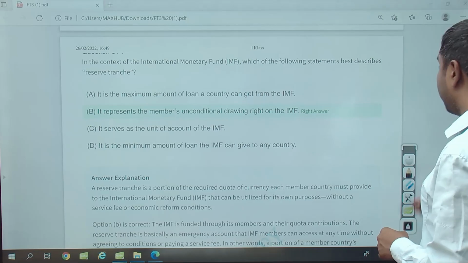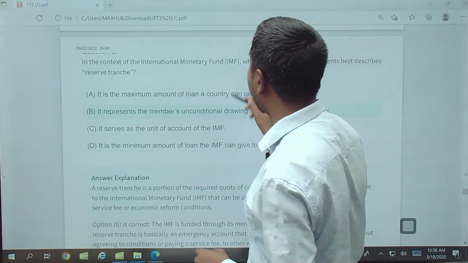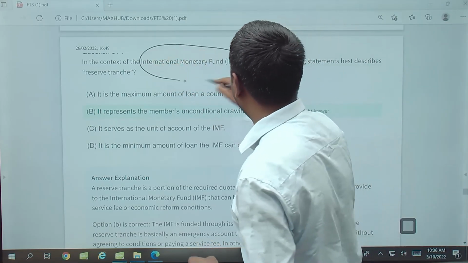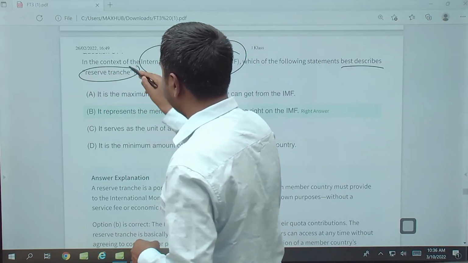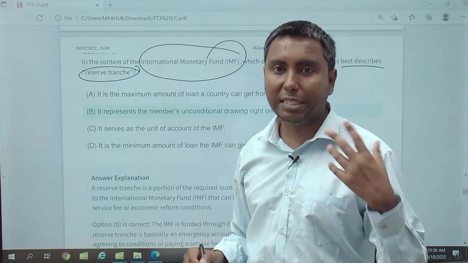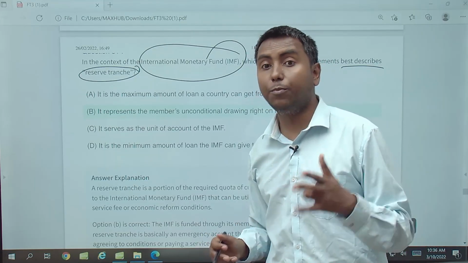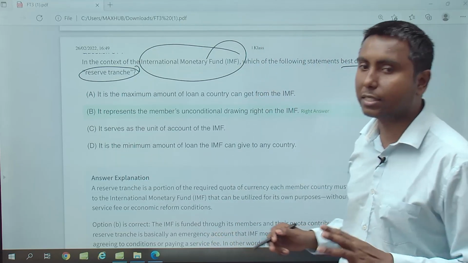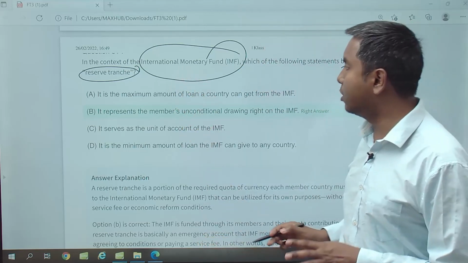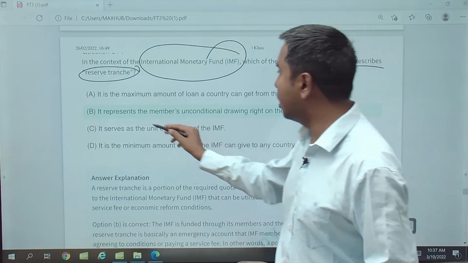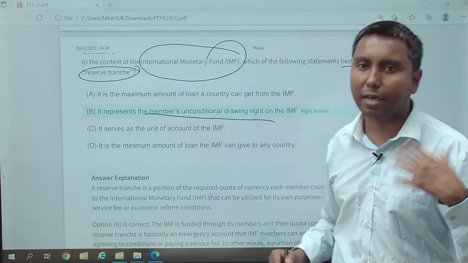Okay. Question number 81. In the context of the International Monetary Fund, IMF, which of the following statements best describes reserve tranche? Now you know these terms, reserve tranche, SDR, are very much important for UPSC. UPSC has already asked questions on this. So this is on the very basic definition of reserve tranche. Reserve tranche represents the members' unconditional drawing right on the IMF.